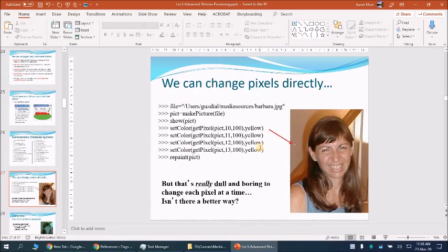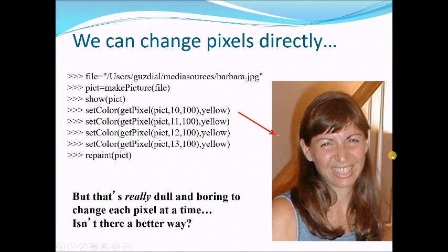So we modify the picture by modifying the pixels one by one. We take the pixel and we change its color to yellow, and then we move to the next pixel.